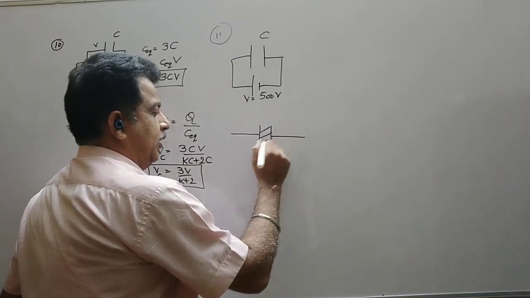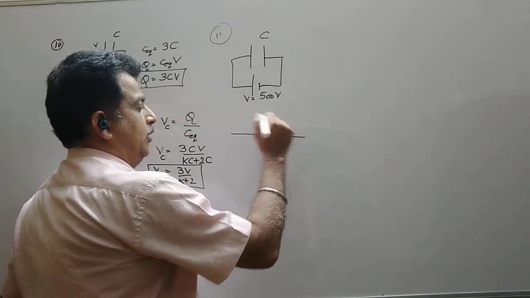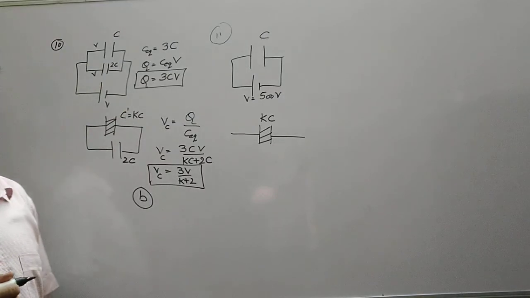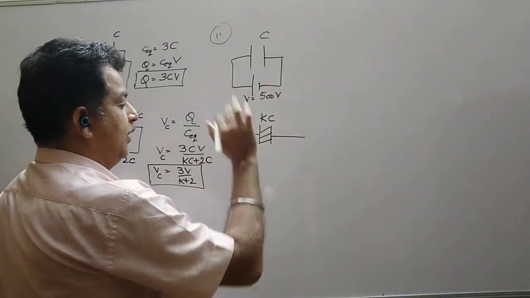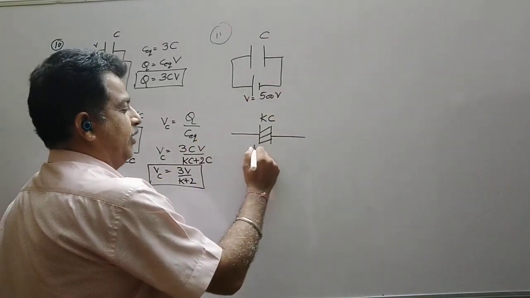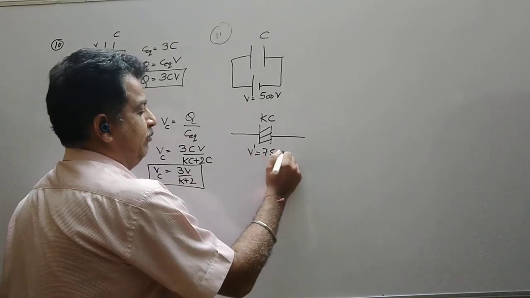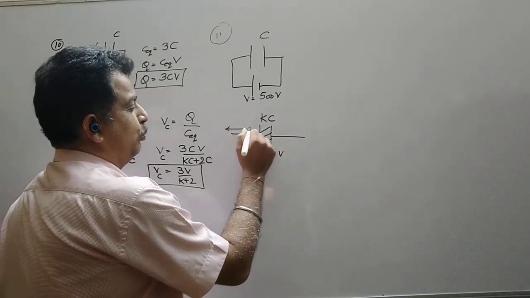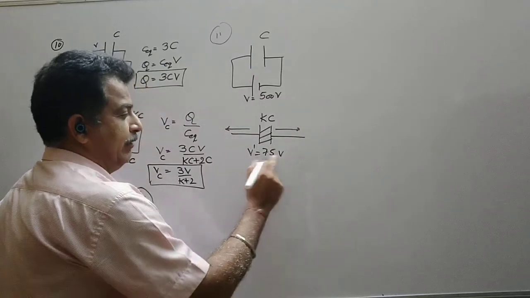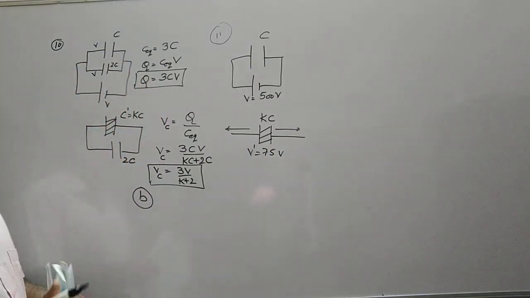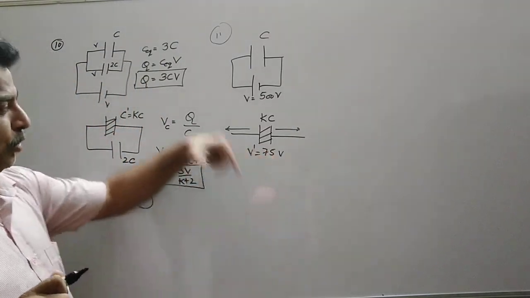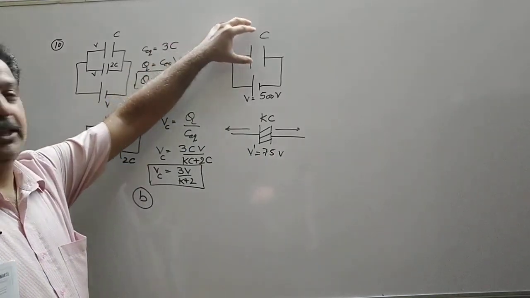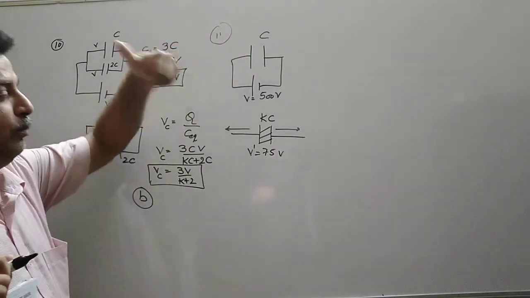We insert it and the new capacitance becomes K times C and the new potential difference, say V dash, is equal to 75 volt. So here the new potential difference is 75 volt, not a new battery connected. So the total charge is whatever is deposited on it, and then the source is removed.